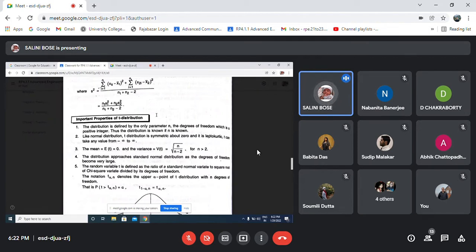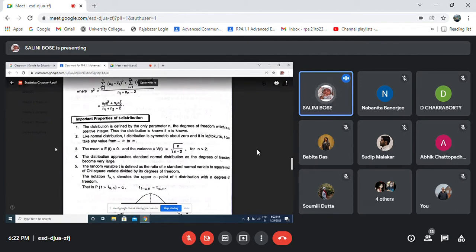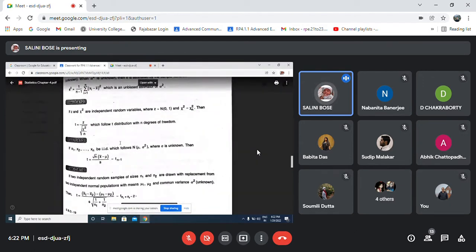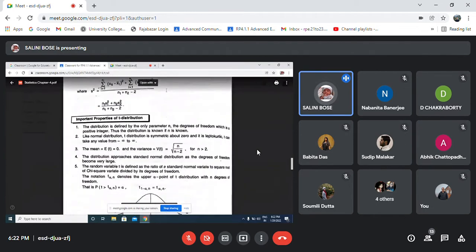For smaller sample sizes, when the sample size is less than 30, it follows the T distribution. In the T distribution, the population variance is unknown. That is also a property of the T distribution.